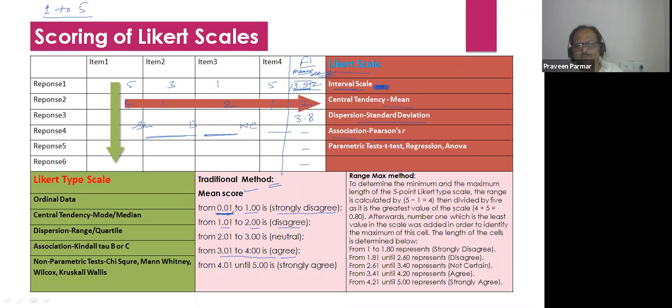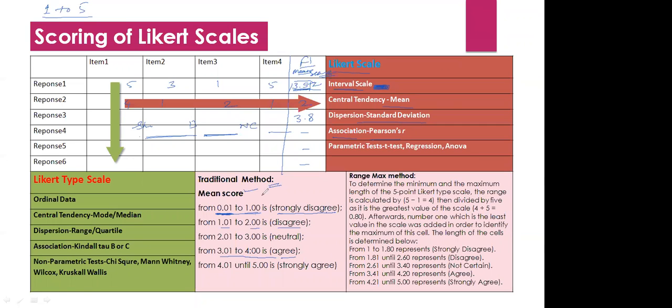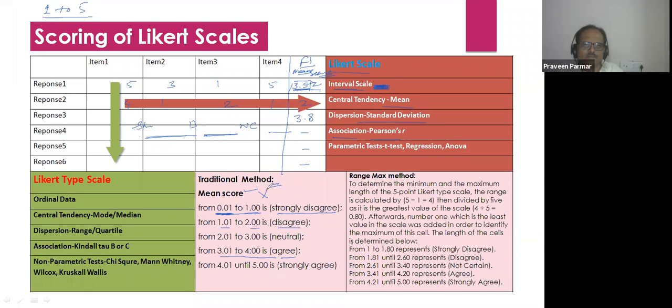It is not scientific, because it is telling that if you get a mean score from 0.01 to 1, then it is strongly disagree. So this is totally wrong. In most research papers and PhD theses, I have seen this, and this is unscientific.